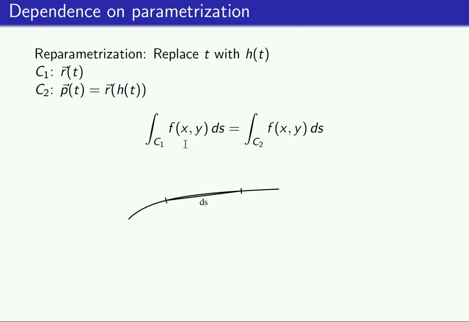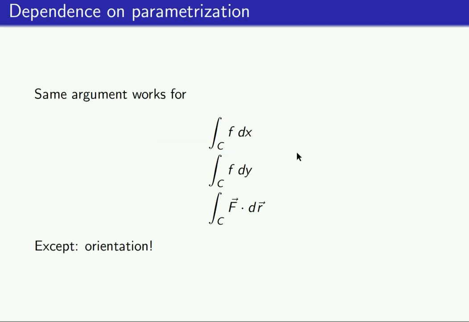And we're going to have the value of the function times these distances. It's going to be the same whether or not you have this one versus that one. So just by looking at this picture here, you can see that this integral is going to be the same as this integral. Okay. Same argument works for these other ones too. Okay, it's the same idea.